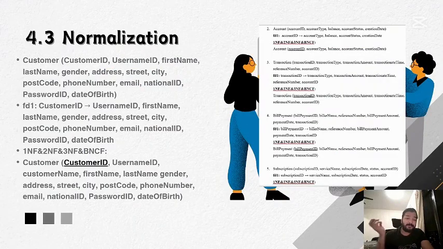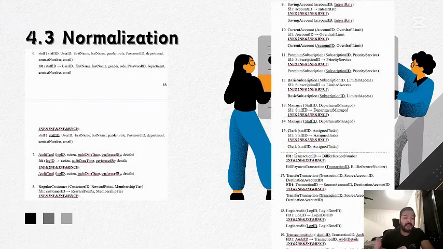Normalization is the process of organizing a database to reduce redundancy and ensure data integrity. This involves applying normal forms such as first normal form, second normal form, and third normal form. The result is a database free of unnecessary duplicates, reducing storage costs and improving efficiency when handling banking operations like transactions and subscriptions, for example.